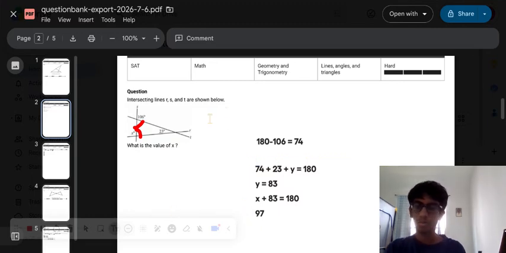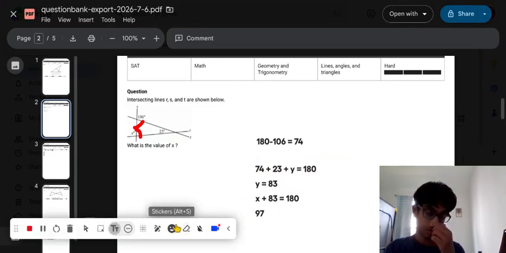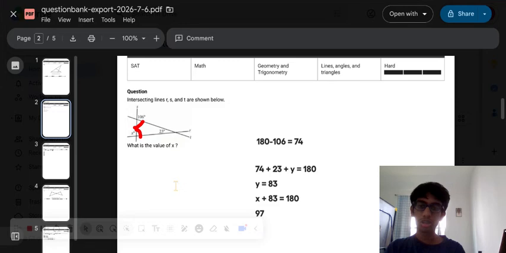The other way to solve this problem is by looking at a sort of shortcut method.